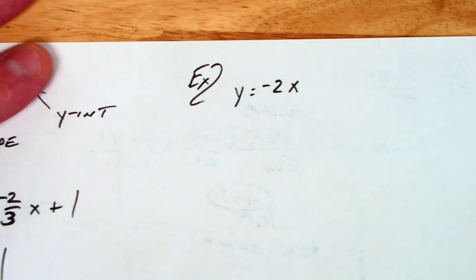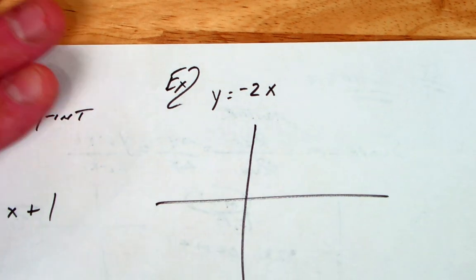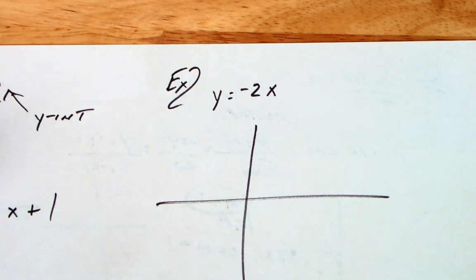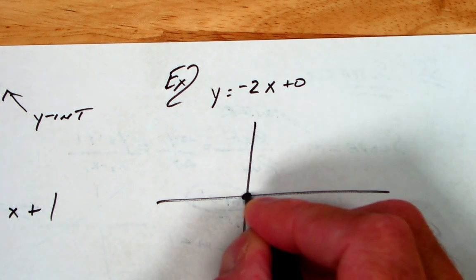Oh, let's just go y equals negative 2x. Trying to throw a couple wrenches into the works. What's my y-intercept? Yeah, because they're not adding, they're not subtracting, so it's just 0. If you wanted to, you could write it as plus 0. So you're going to start at 0.